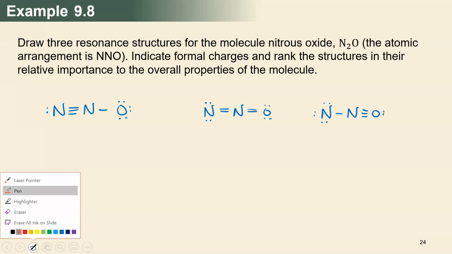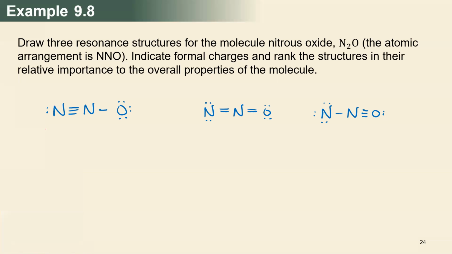But let's do some formal charge calculations. For the first nitrogen in structure 1, how many valence electrons does nitrogen have? 5. This nitrogen has 2 non-bonding electrons and 3 bonds, giving him a formal charge of 0. How about N2? He starts with 5. He's got no non-bonding electrons and 4 bonds.